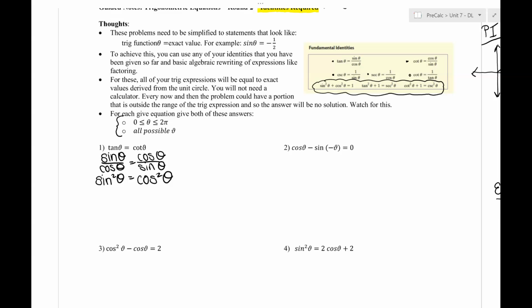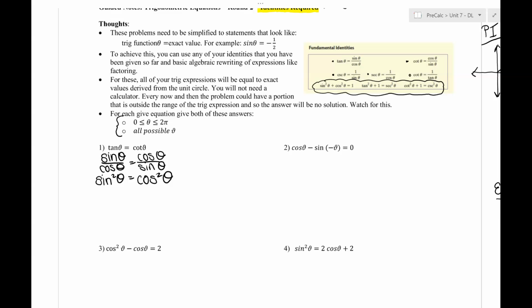Well, since they're squared, I do know that I can use an identity. But let's say at the very beginning you decided to square both sides. Could you have used the identity then? Yeah, absolutely. We've got options.